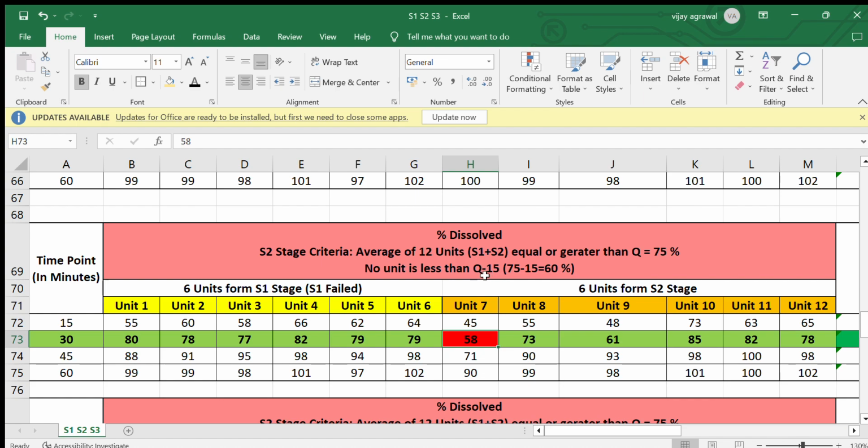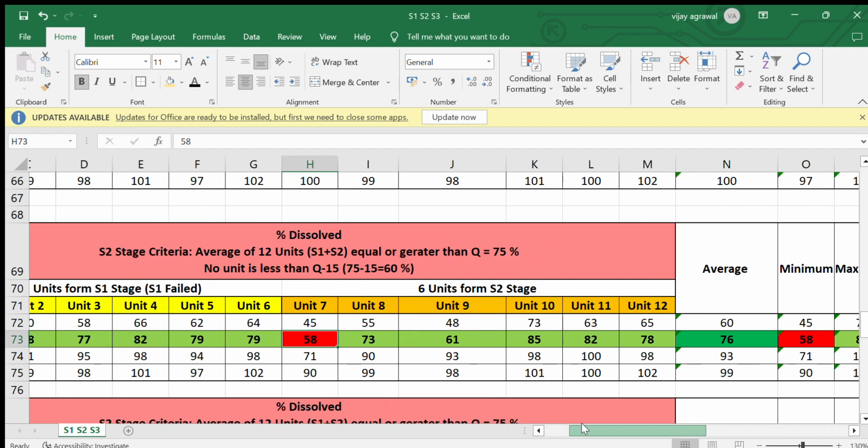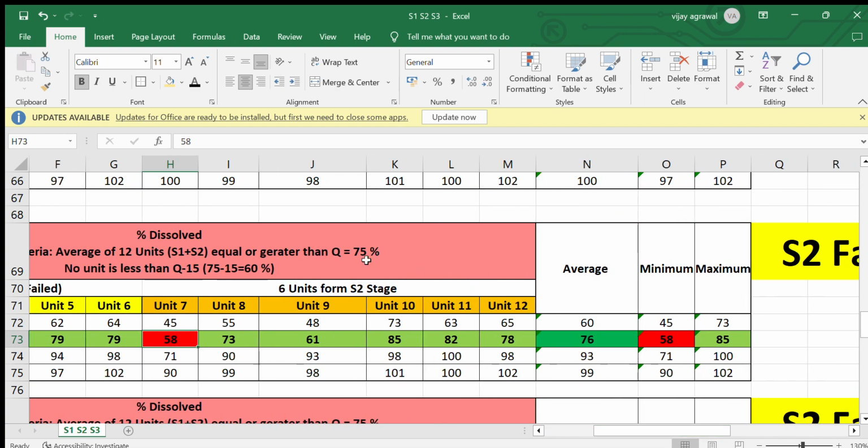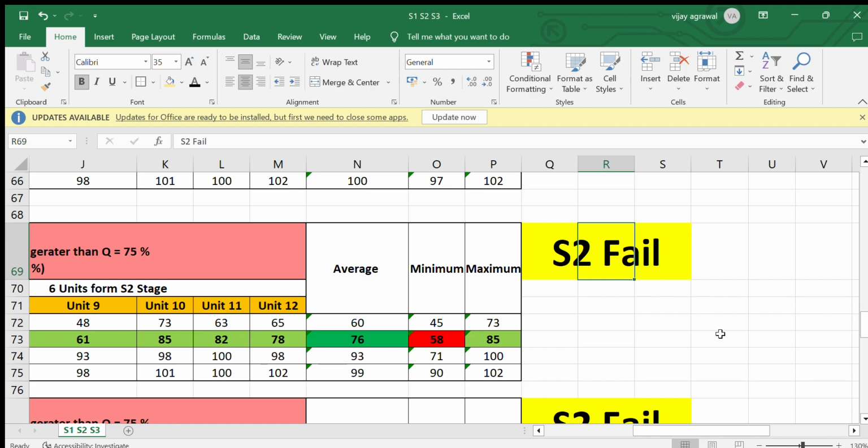No unit is less than Q minus 15, that is 60%. So here one unit out of these 6 units is going below 60%. That means the 75 minus 15% criteria is failed. That's why the S2 stage is failing. See here the average is 76%, but the S2 stage is failing because of this one unit.